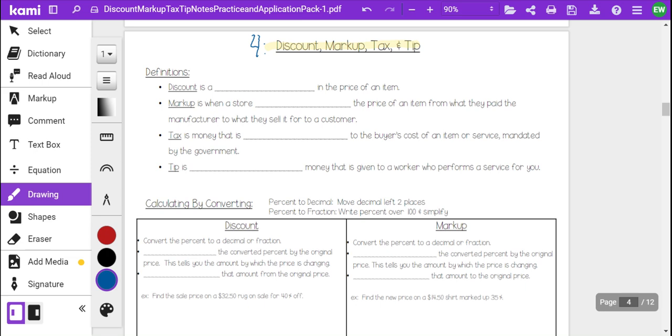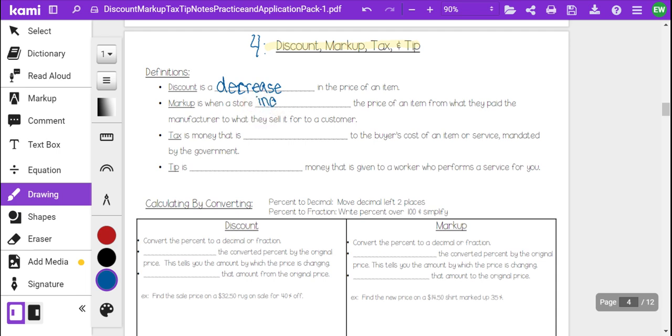it is going to be a decrease in the price of an item. Markup is when the store increases.